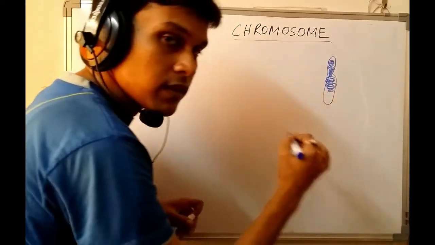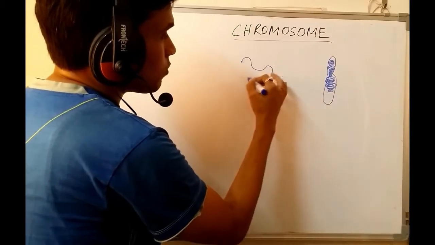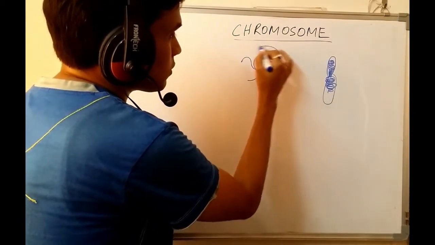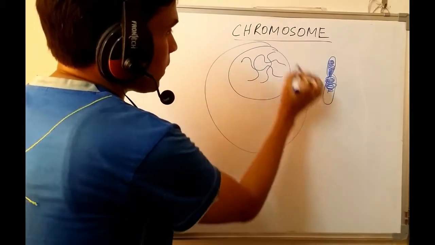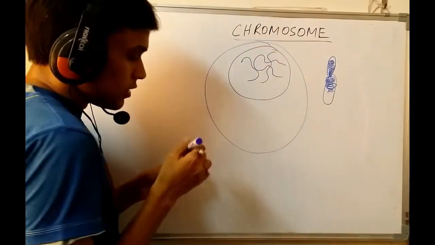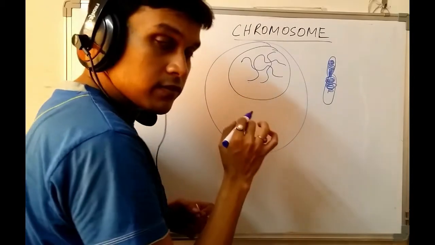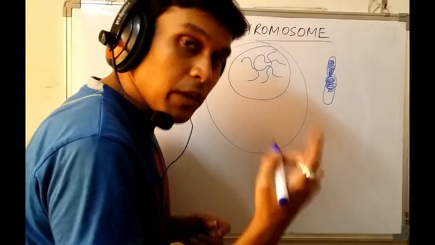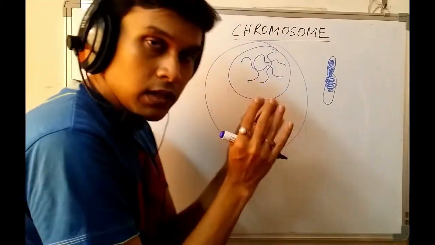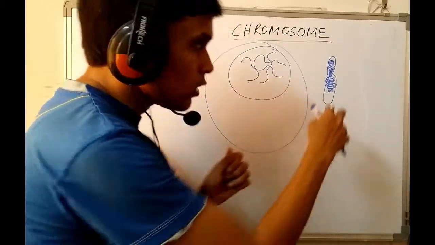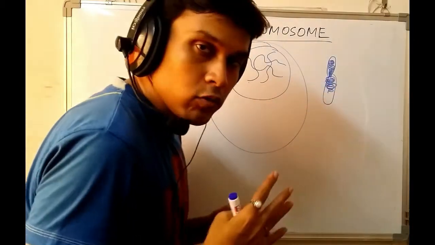During interphase, if I consider the interphase chromosomes inside the nucleus of a cell, if this is the cell, this is the nucleus, and these are chromosomes. During interphase, the chromosomes are not replicated, and they are loosely bound, not condensed.